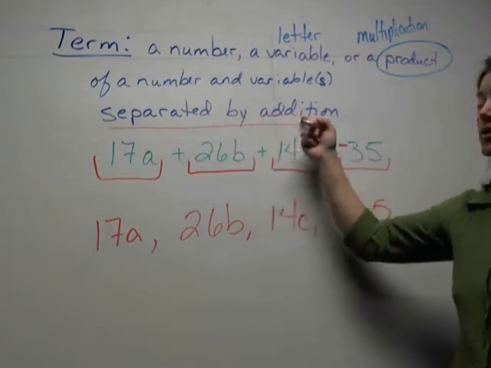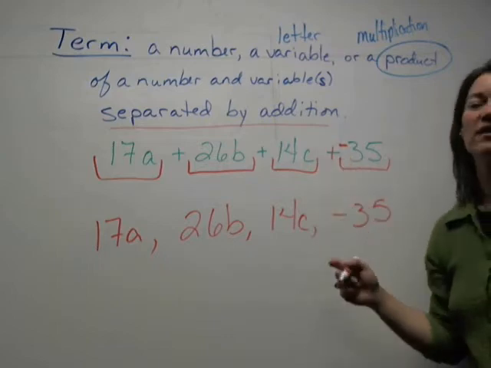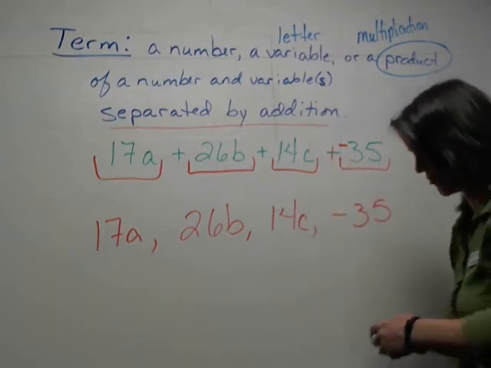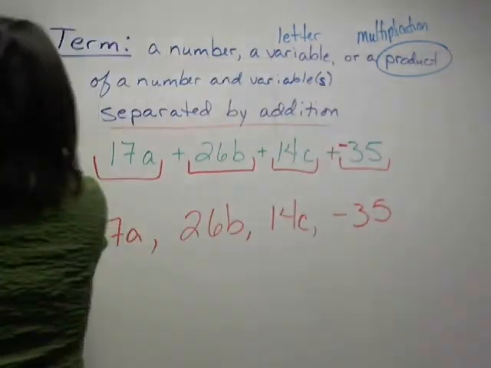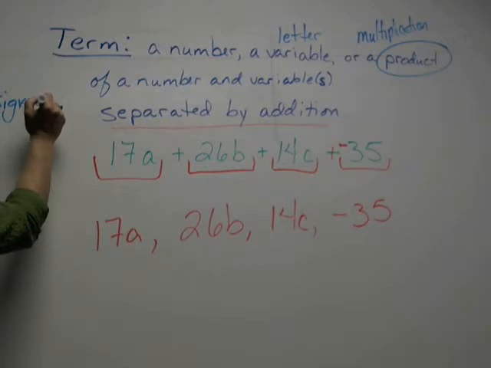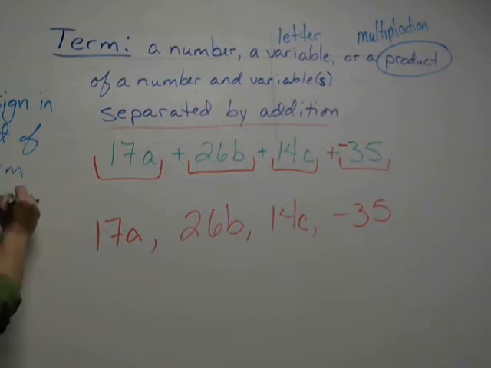So it can be separated by subtraction as well, but if it's subtraction, we need to remember that the sign in front of the term goes with the term. Let me write that. The sign in front of a term goes with the term.